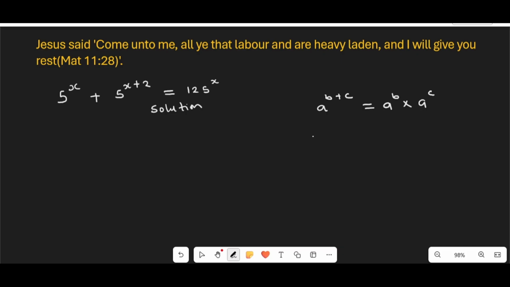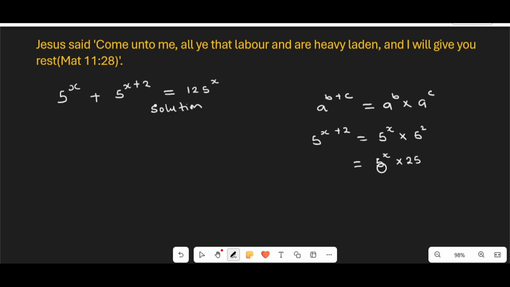So we can say 5 raised to power x plus 2 is equal to 5 raised to power x multiplied by 5 raised to power 2, which is equal to 5 raised to power x multiplied by 25, because 5 raised to power 2 is 25.